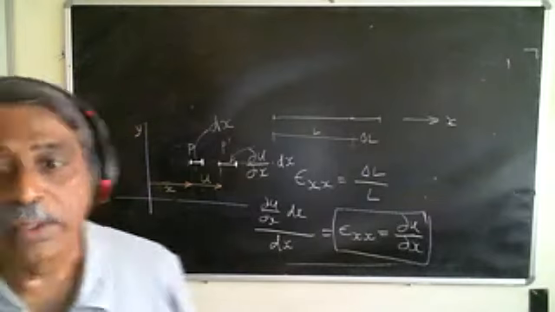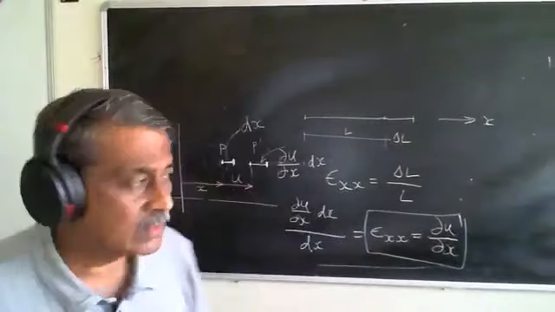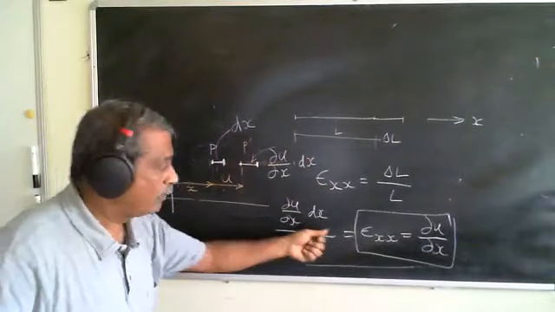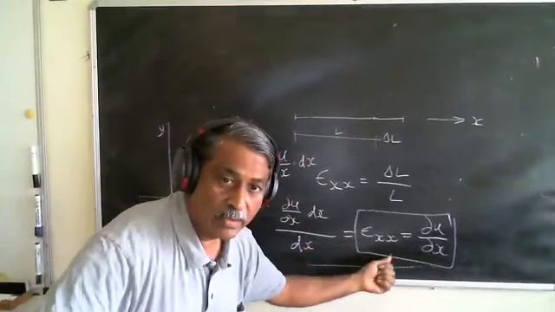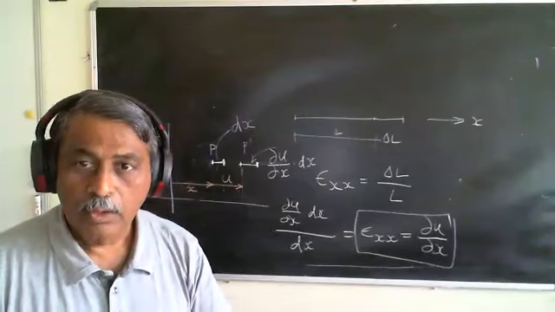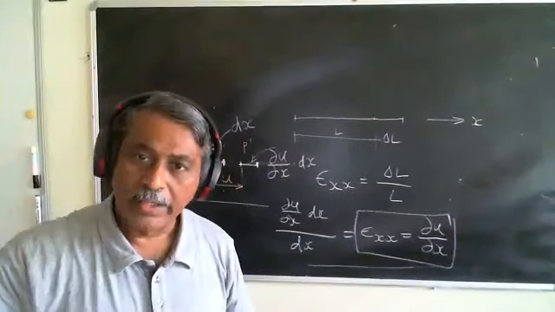Let's move to two dimensions now. Why is it important to us? It is important because we want to find out what the strain is in the body due to the displacement that has occurred at all the points in the body.